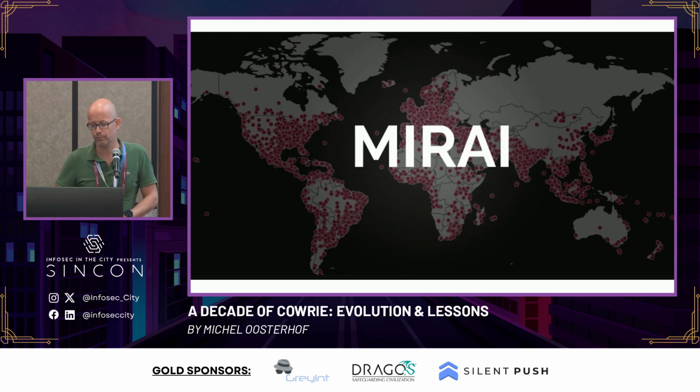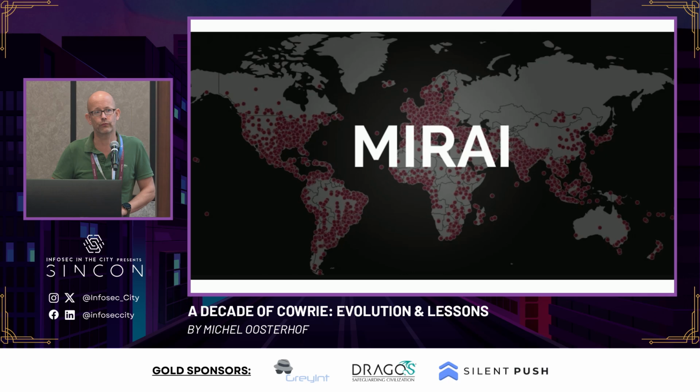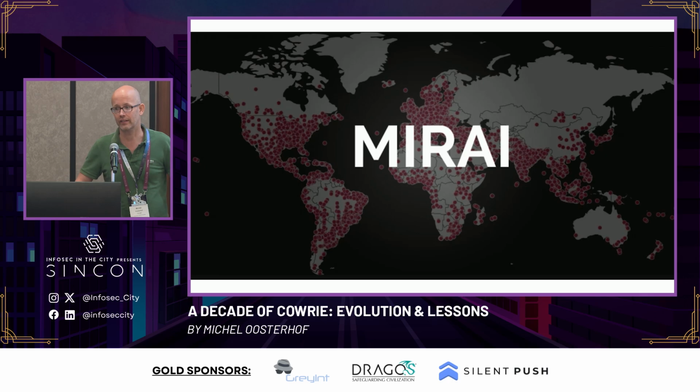So super popular. The guys behind Mirai got caught eventually, and I have it on good faith that they actually used Cowrie to run about 1,000 honeypots worldwide to gather the evidence that was used in the court case to find and convict the authors of the Mirai software.